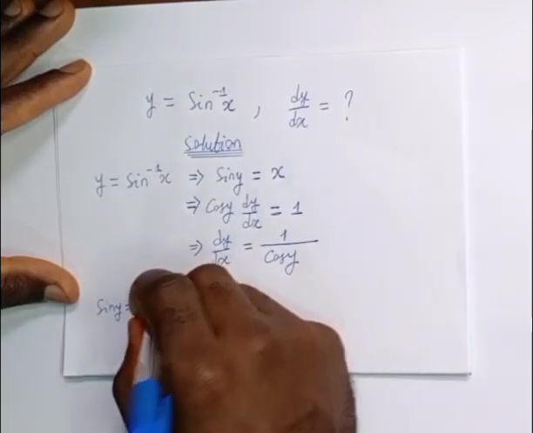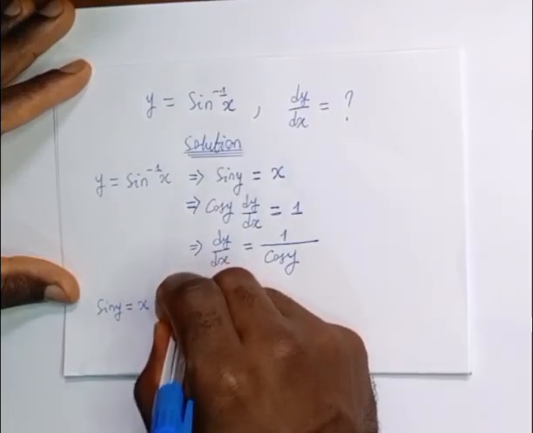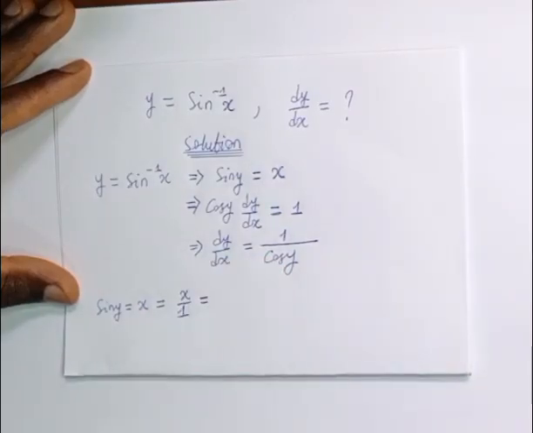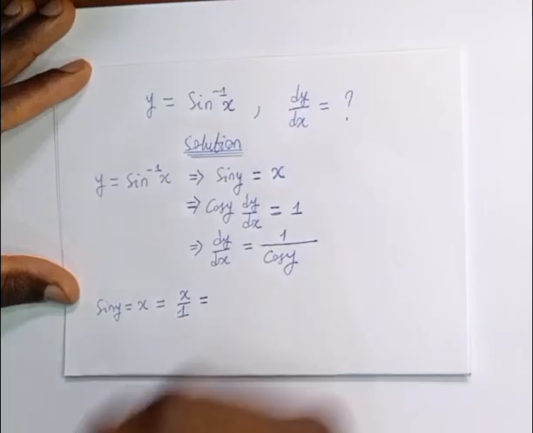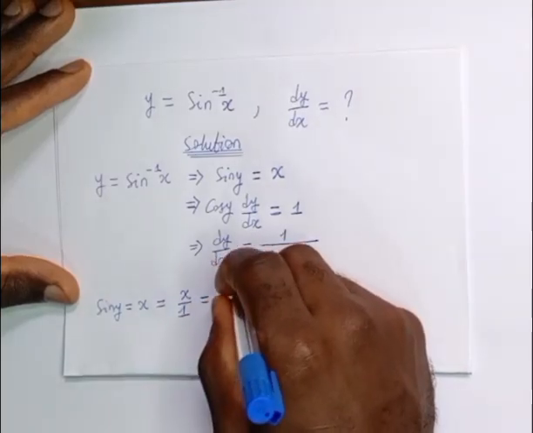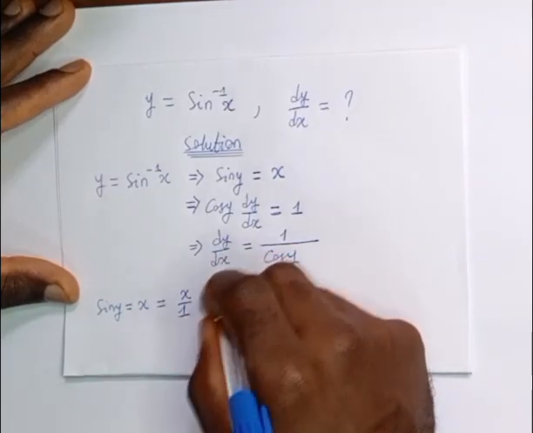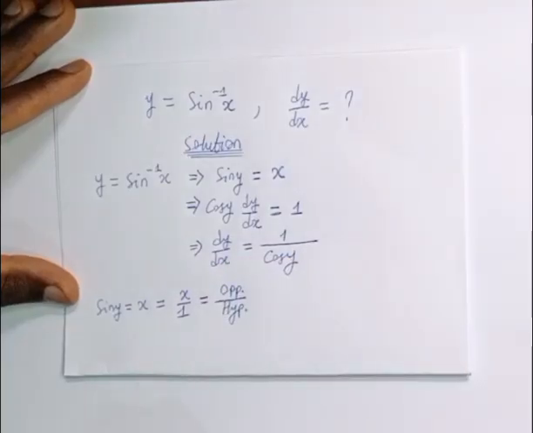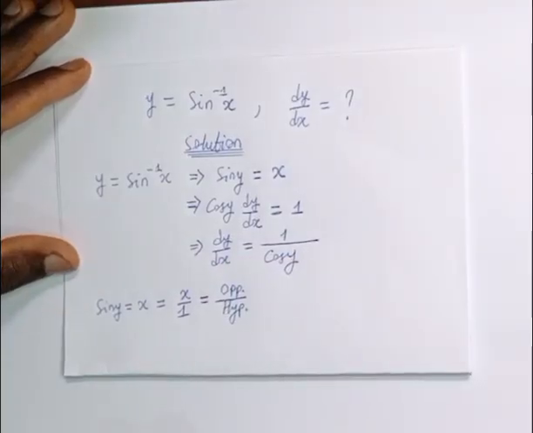We can express x as x over 1. We know that the sine of an acute angle is given by the opposite all over the hypotenuse. We are going to represent this on a right angle triangle.